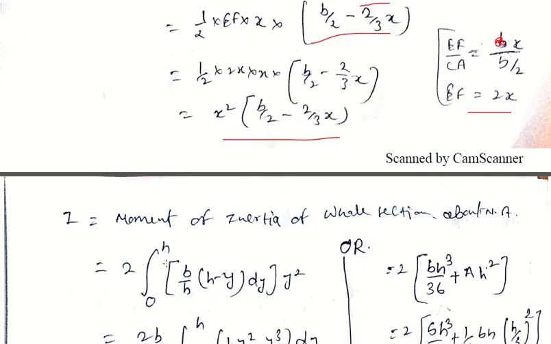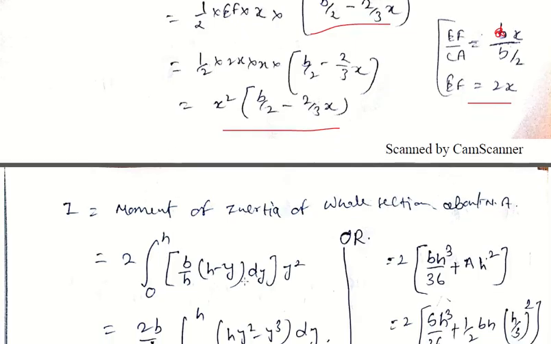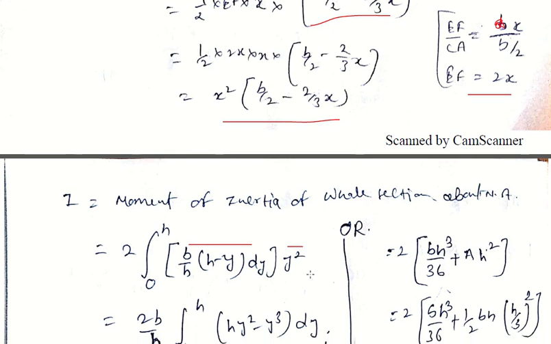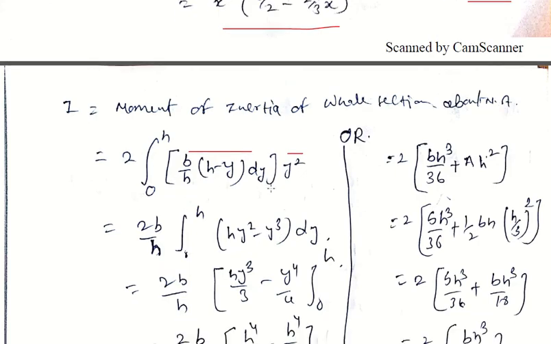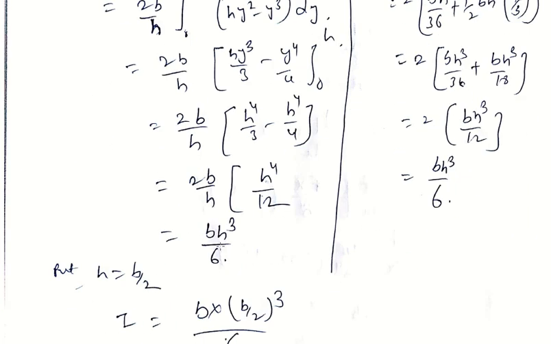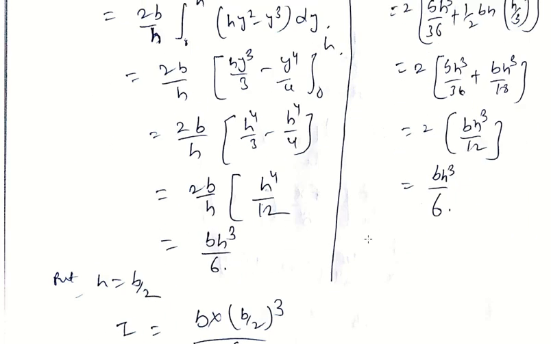So dA is b by h minus y into dy. This is dA in y bar. So the integral of y square dA is the moment of inertia. Integrating this equation gives b h cube by 6.